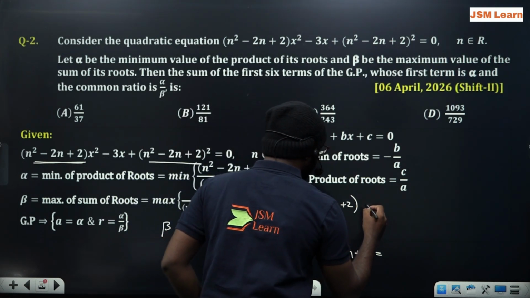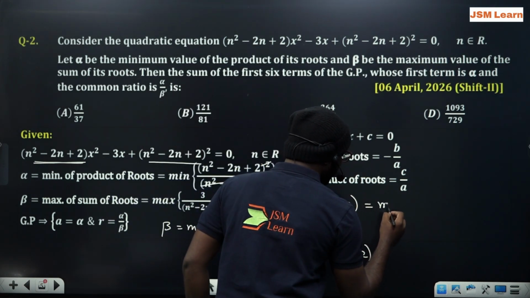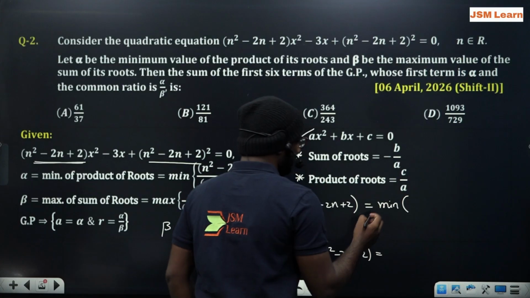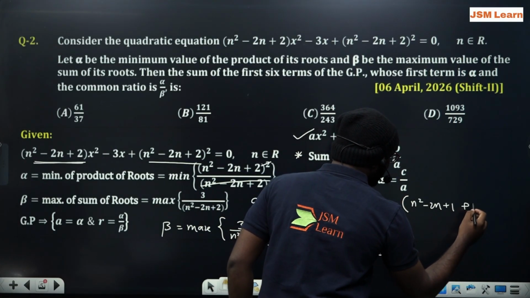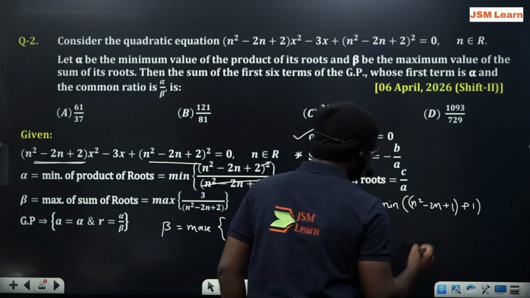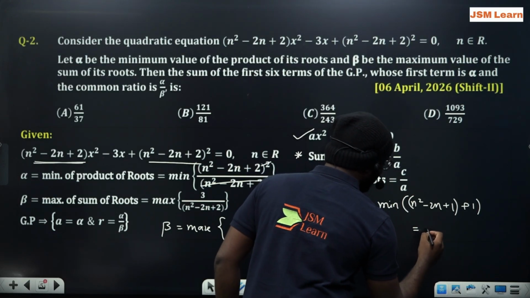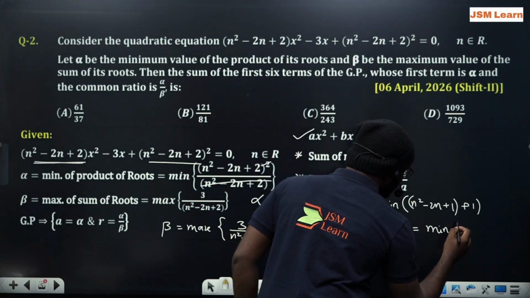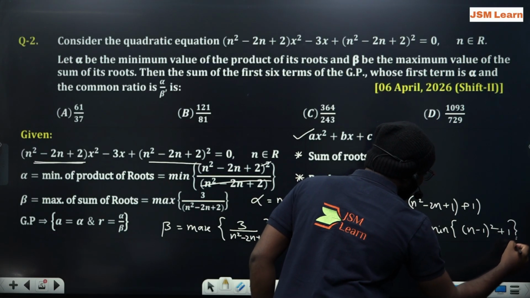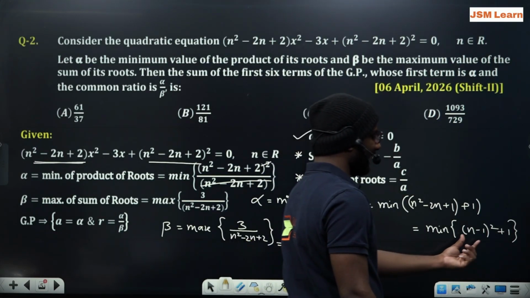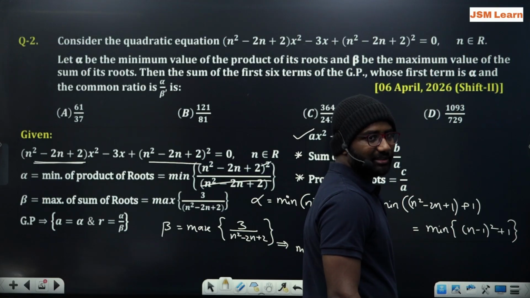Now we'll proceed with this one. Minimum value of n² minus 2n plus 1, and plus 1 I am writing. On simplifying this, we can write this as the minimum of (n minus 1) whole square plus 1.